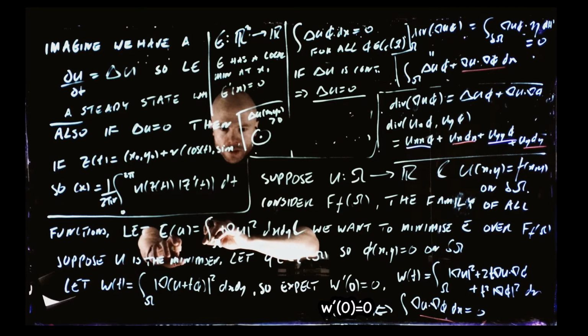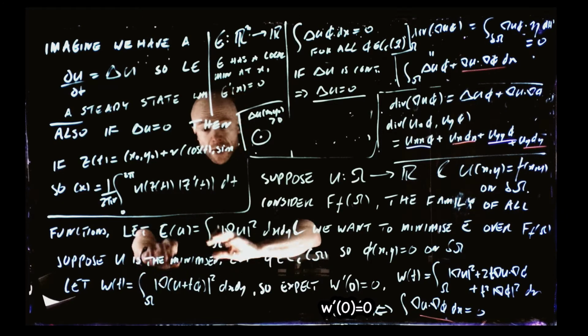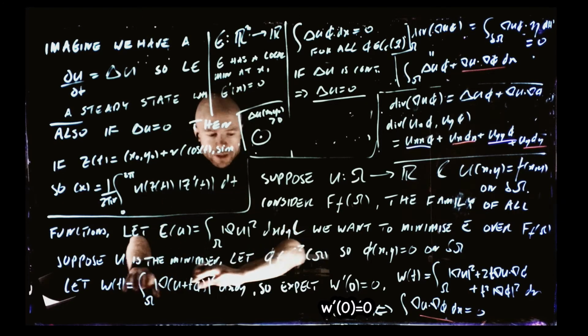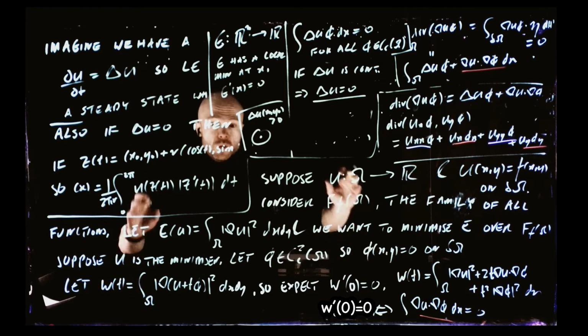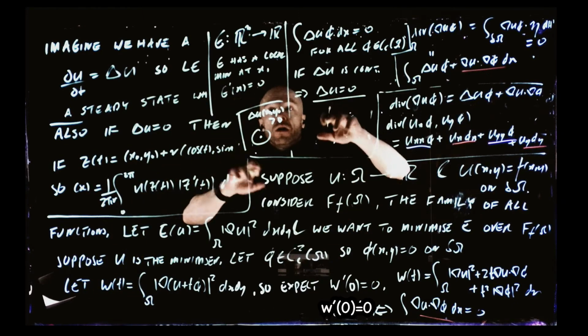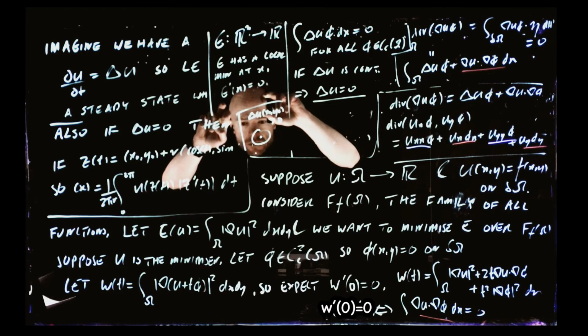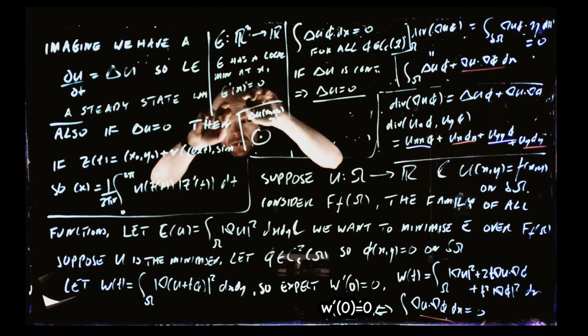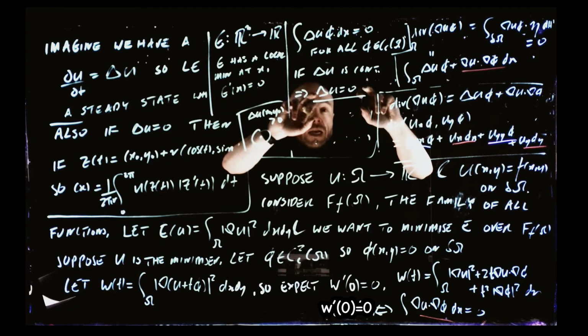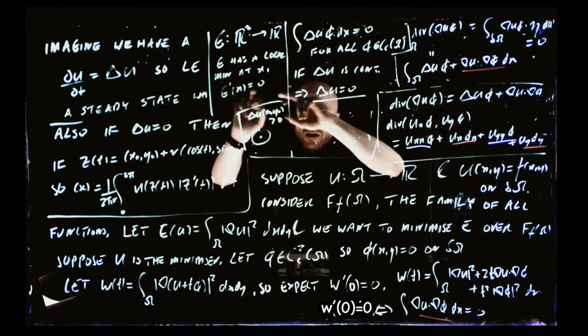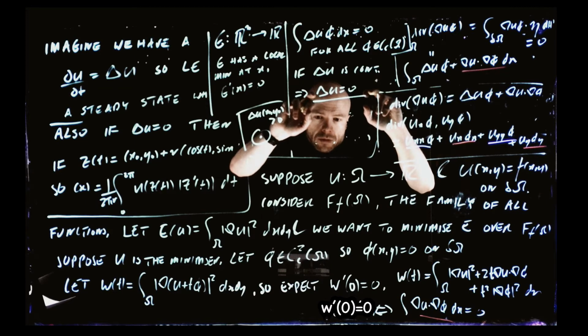And if we assume it's a minimizer, even just a local minimizer, what this little calculation was just the equivalent of doing this, and this equation here has its analog with this. This is the analog of this. Okay?